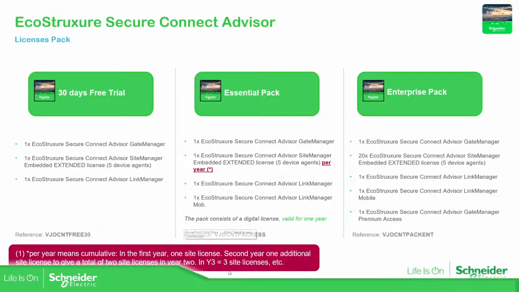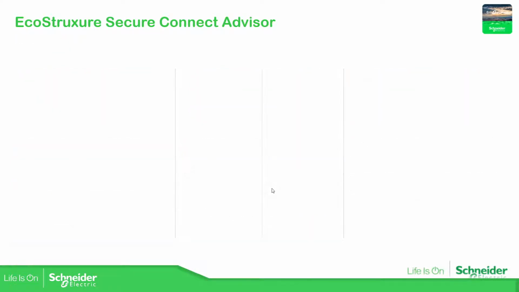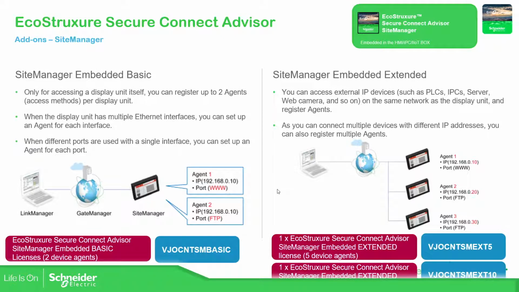First, let's talk a little bit about the license that we have. There is a big difference between the extended and the basic license. As you remember, the agent is about the access method. The basic can have up to 2 agents, but it doesn't mean that you have 2 HMIs.